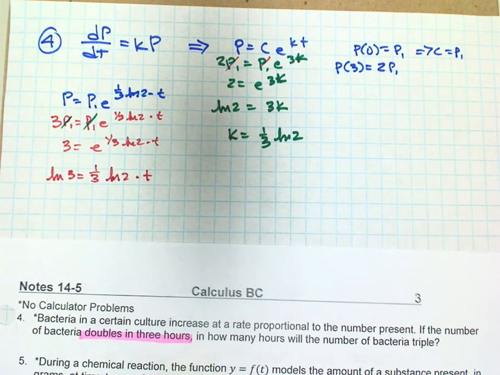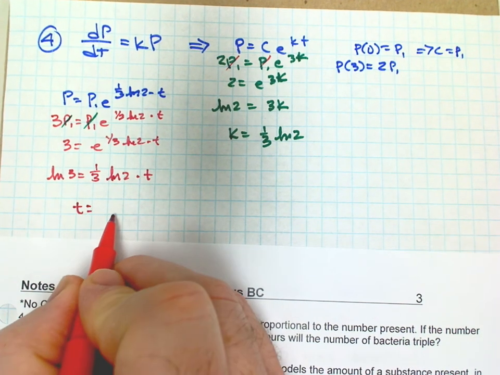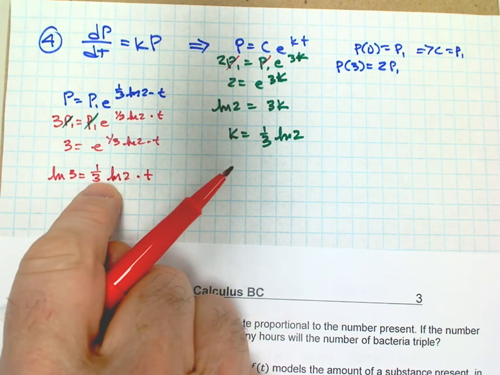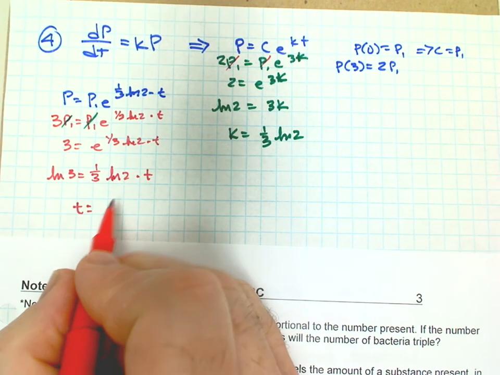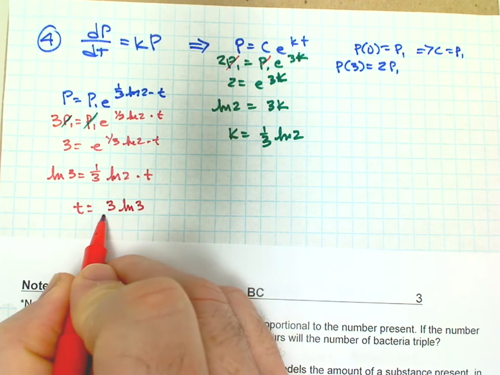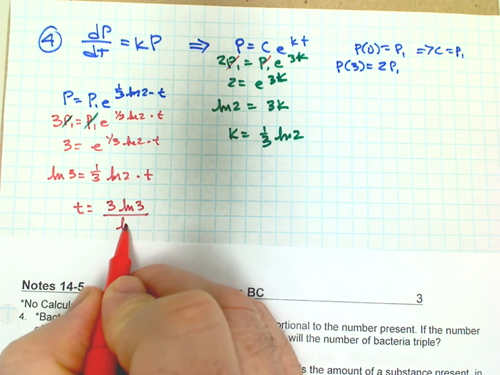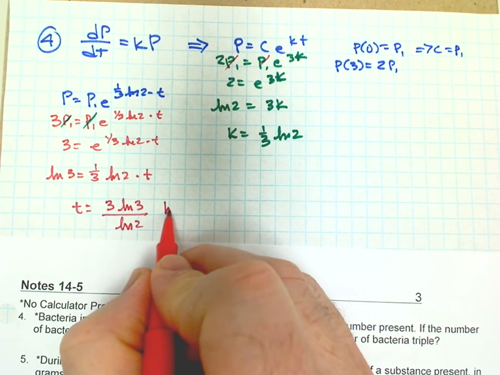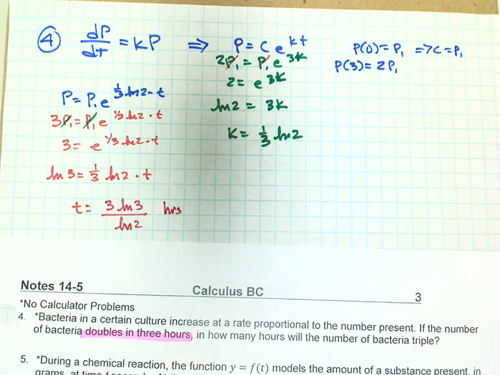And t would equal, we're going to divide both sides. Dividing by this fraction of 1/3 would be the same thing as multiplying by 3. 3 natural log of 3, divided by the natural log of 2. And our units here would be in hours.